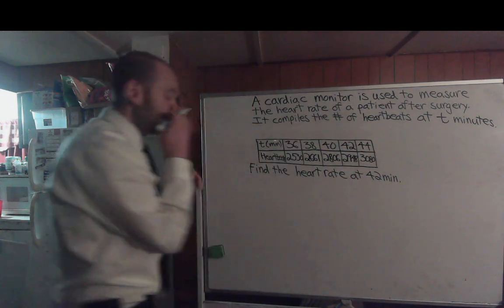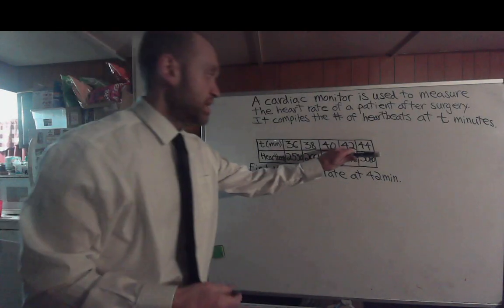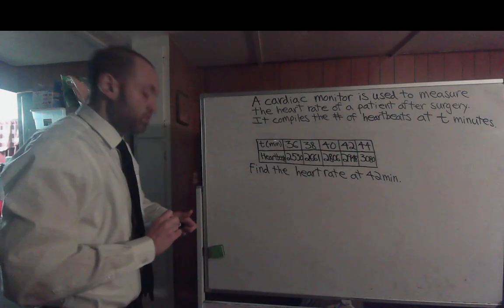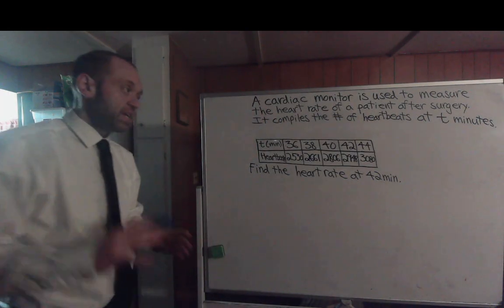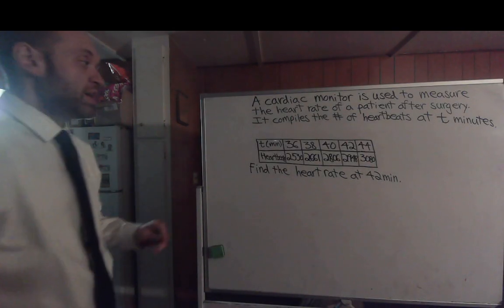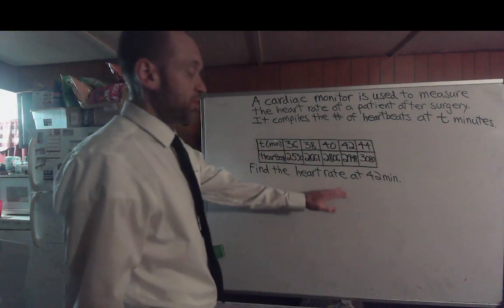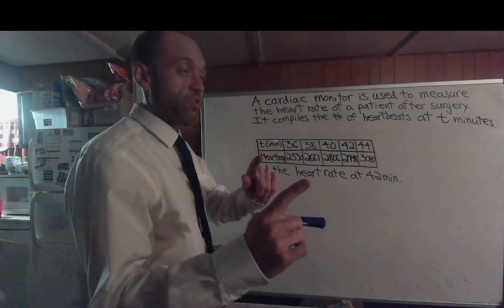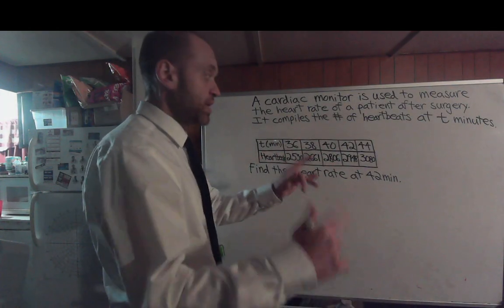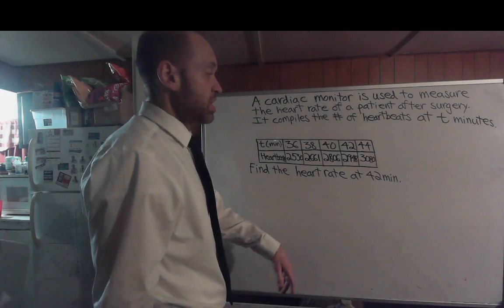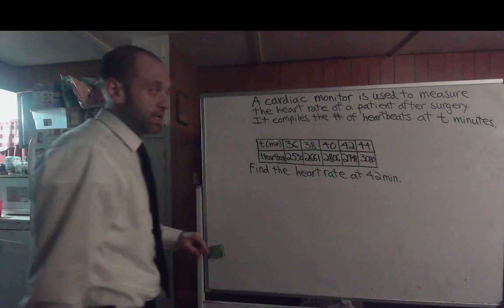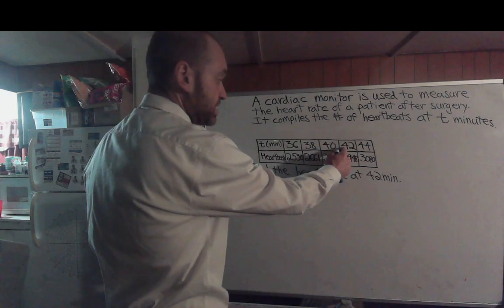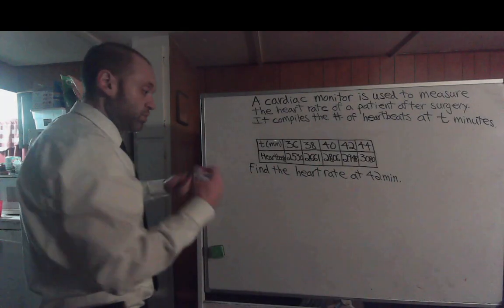So we want to find the heart rate at time being 42 minutes. Well, again, what's probably the best thing to do is take the slope of two secant lines, or in other words, find two average rates of change that both of those contain time 42 in it. Well, let's go to the left of 42. We should probably do time 40.